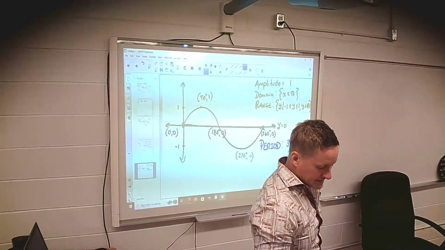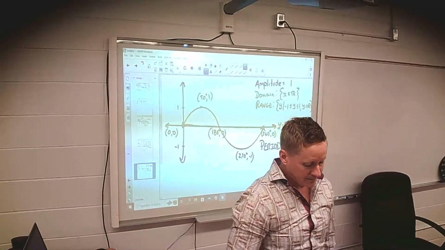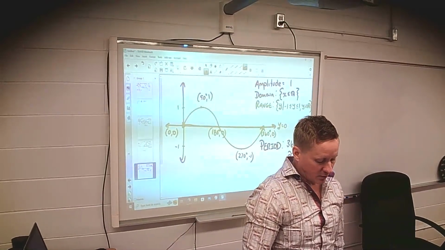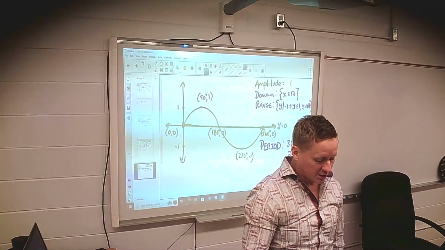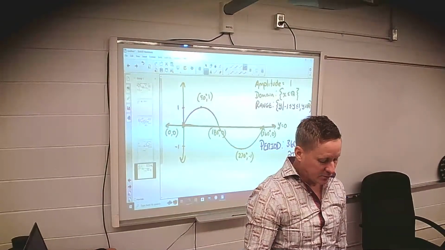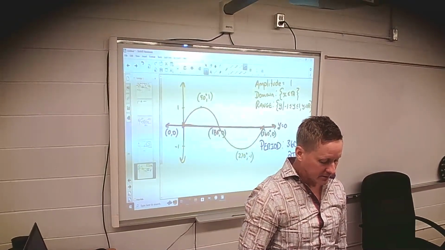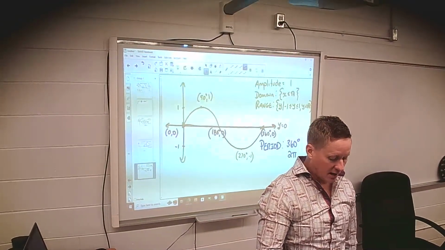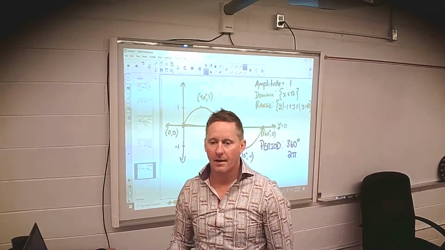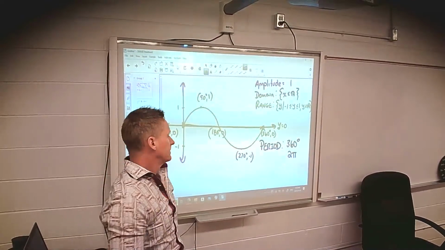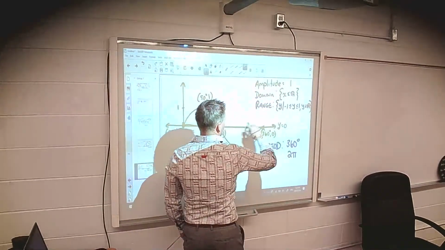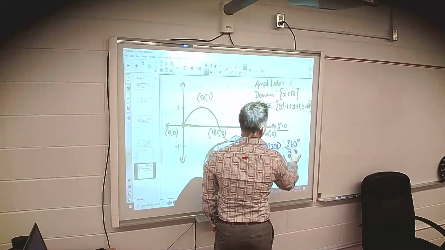Okay. A midline defined by the equation y equals 0. The midline is the horizontal line halfway between the maximum and minimum values. The two graphs oscillate about this line. The midline in this case is this axis, y equals 0.